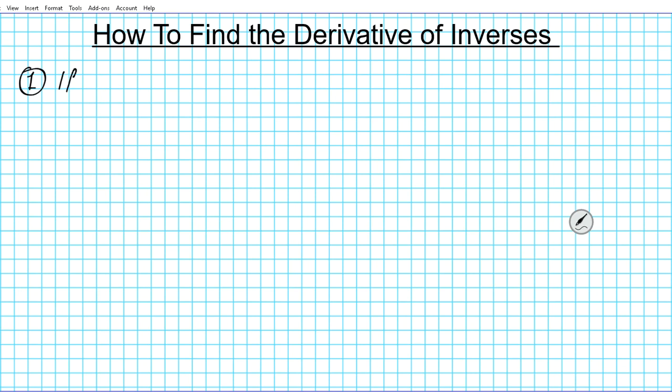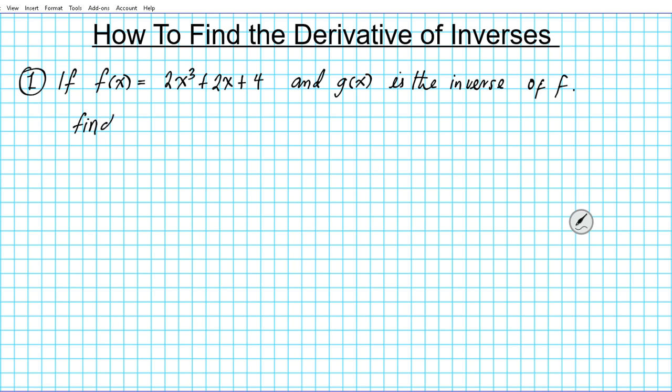So we have the question: if the function f of x is equal to 2x to the third plus 2x plus 4, and g of x is the inverse of f, the question is find g prime of 8. Okay?